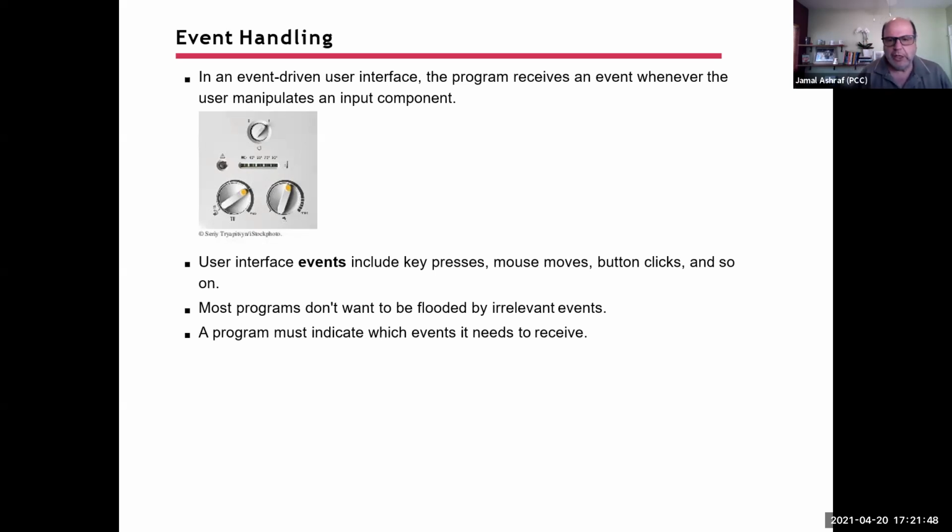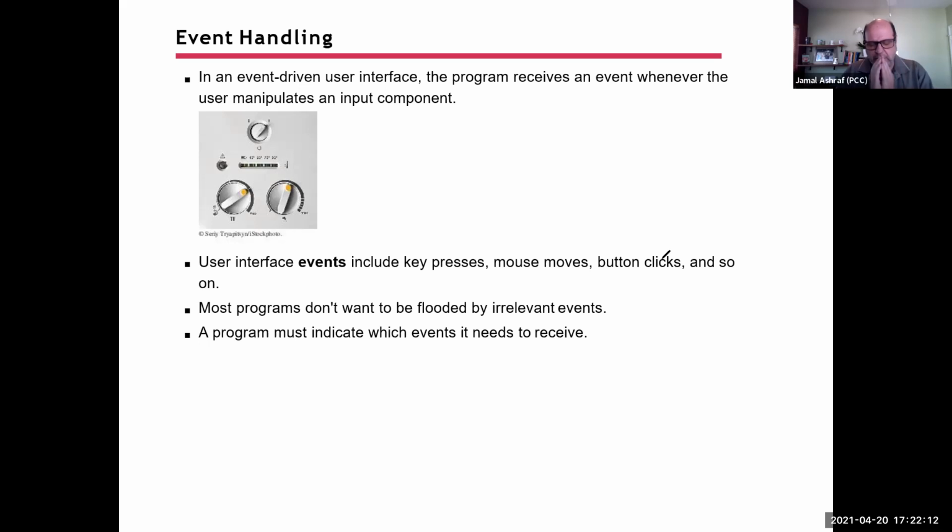All right. The concept of event handling is that we're going to be watching for some event, and when that event happens, we're going to do something. So I'm driving down the street, and if I see a car in front of me, I'm going to push the brake. Or if I want to change my lane, I'm going to put on the signal.